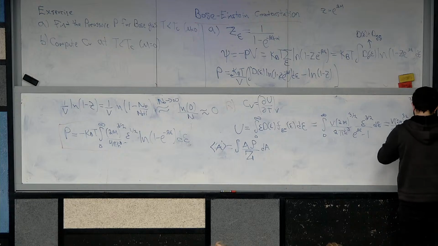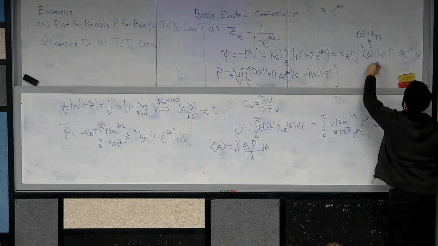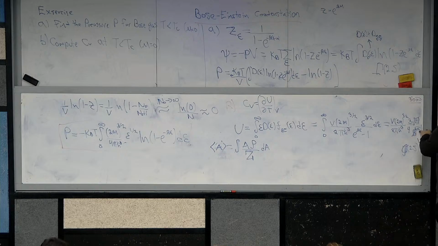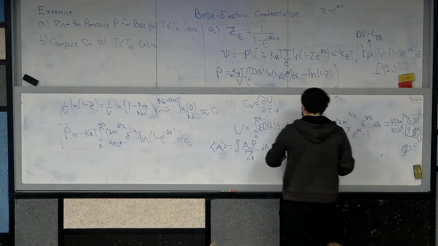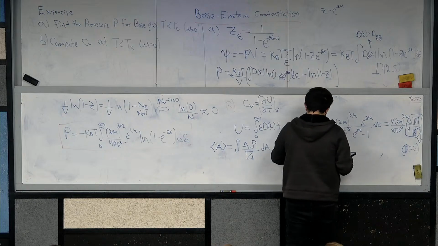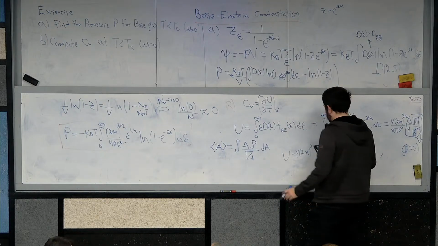This is just the zeta function of 2.5. What I did here is I plugged in the gamma function of 2.5. This term comes from the gamma function. Once again, let me plug it in a clearer way here. This would be V. That's fine.